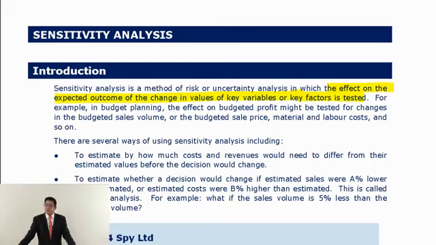For example, when new products are launched, we expect to launch the product at a selling price, and the hope is that our selling price will be appreciated by the customers. But what if another competitor jumps in the market and we have to drop our price?